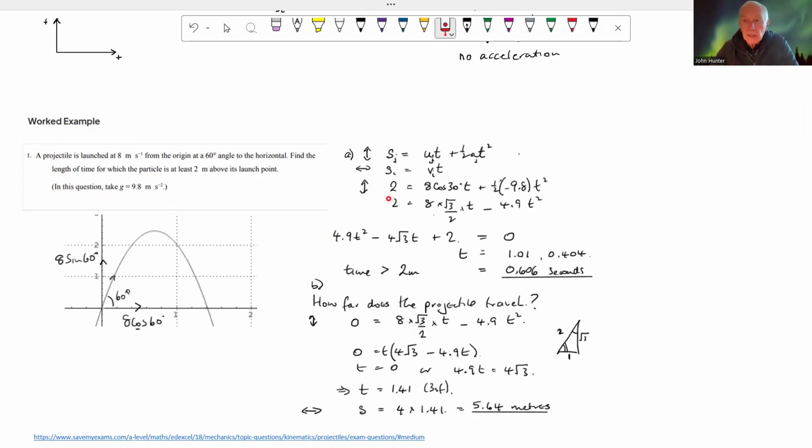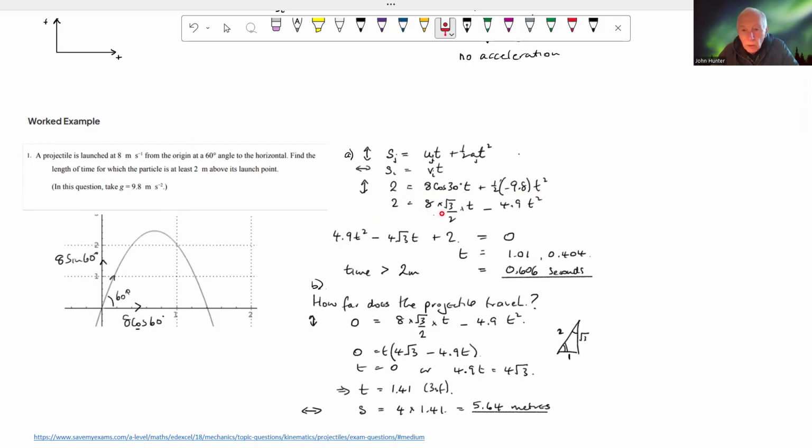Find the points in time where the height is 2 meters above the starting point, and then deduce the answer from that. So s equals ut plus a half a t squared.